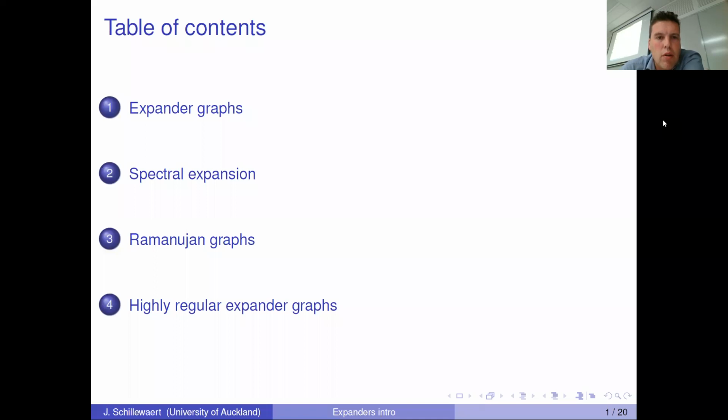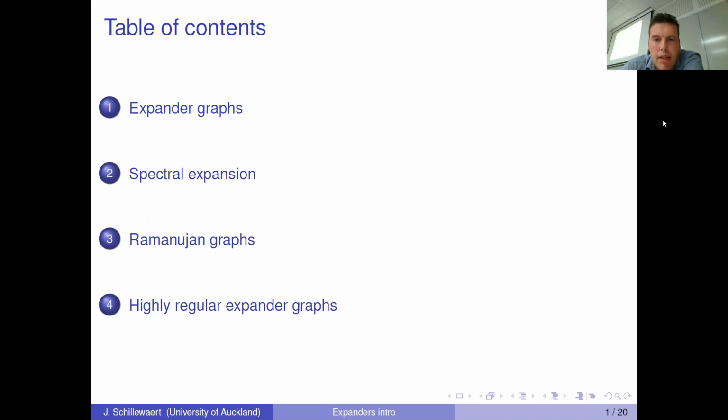So here's a brief overview of my talk. As I said, I will start with definitions and basic notions on expander graphs. This will be tutorial in nature. Then I will show how you can also investigate expander graphs using algebraic methods, eigenvalue methods. That's why the word spectral expansion is there. These are very useful tools to investigate this thing.